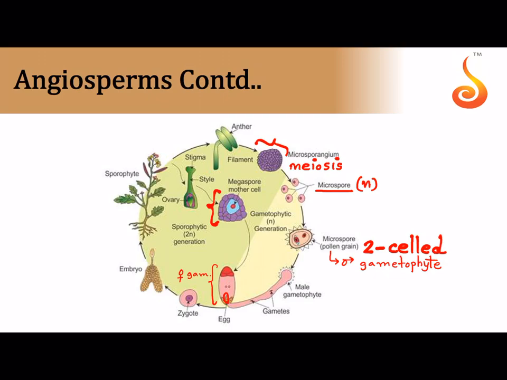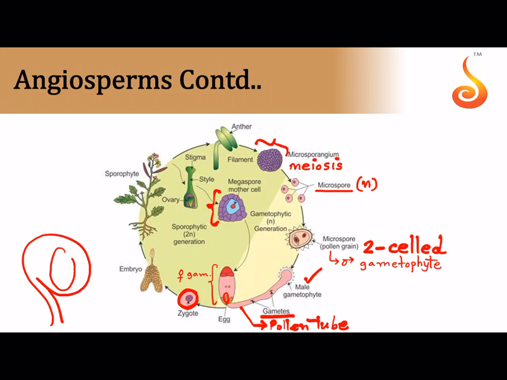Inside the female gametophyte there is egg, it is not going anywhere, it is sitting inside the megasporangium. So who has to go towards it? The pollen grain has to produce a pollen tube, and the pollen tube will have gametes in it, and then a zygote is formed, and then there is ovule with the female gametophyte with zygote inside.